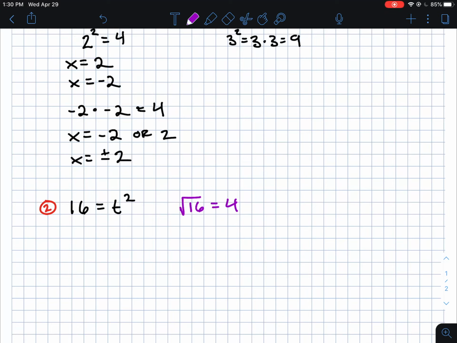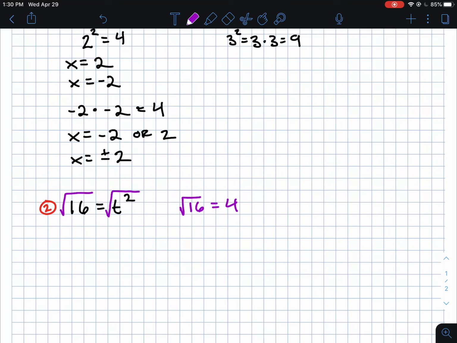If I want to get t all by itself on the right side of this equation, taking the square root of a number is the opposite of squaring it. So if I want t just by itself, I have to take the square root of that whole term, t squared. And just like with addition and subtraction and multiplication and division, if you do it to one side, you've got to do it to both sides.